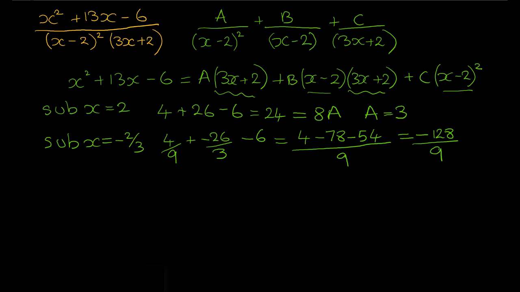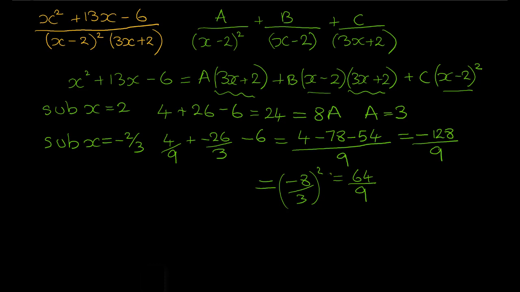So now what we're going to do is work out the right hand side. So that will be just this C term over here. So it's going to be minus 2/3 minus 2. If you turn that into an improper fraction, that's going to be minus 8 over 3 squared, which is going to give us 64 over 9.